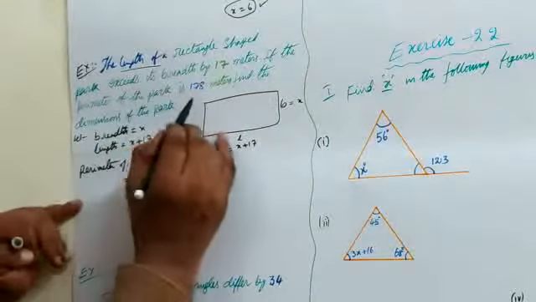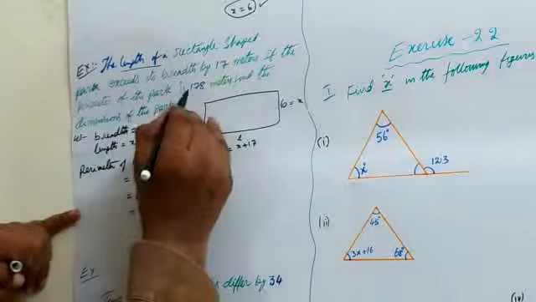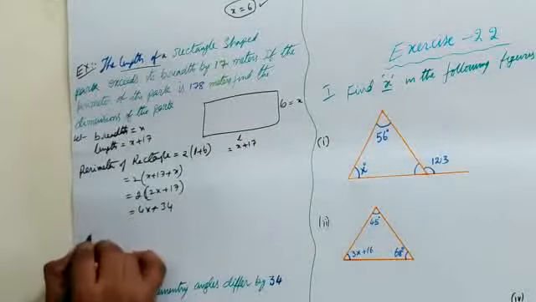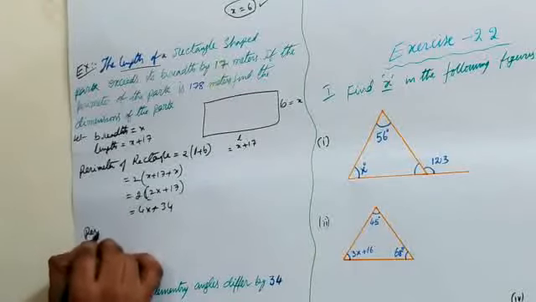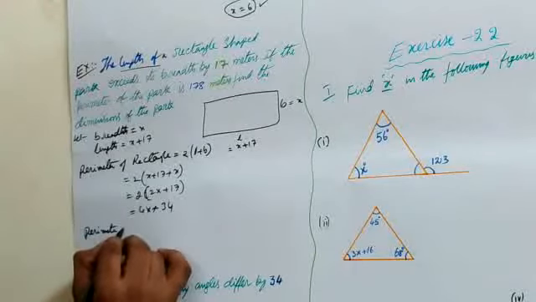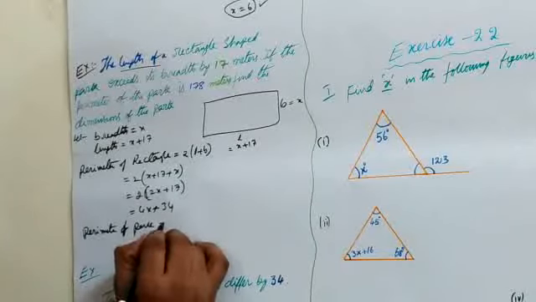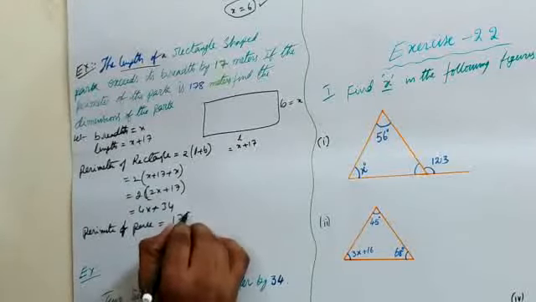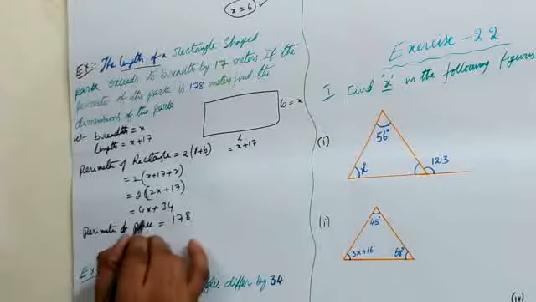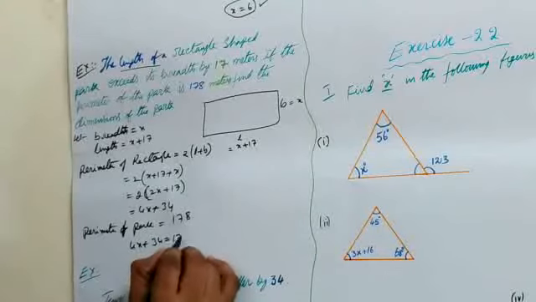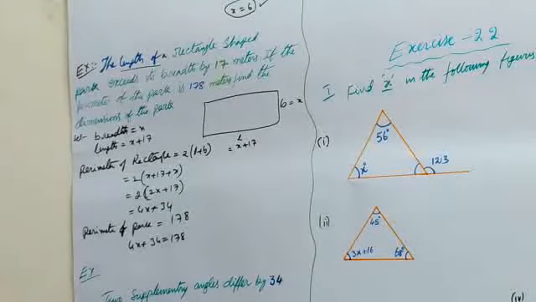If the perimeter of the park is 178 meters, then 4x plus 34 is equal to 178.